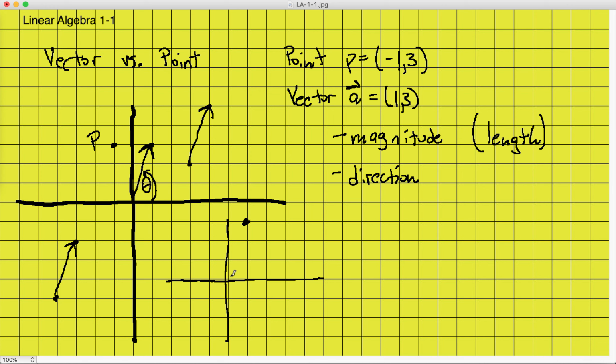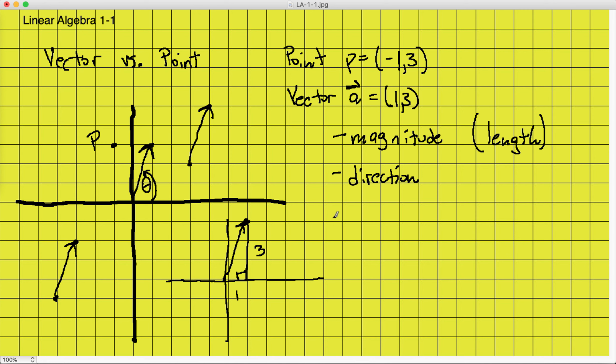So the length of this vector, well, the thing to note is if I come over here, you'll notice that I have a right triangle. We know that the distance here is 1, and we know that the distance here is 3. And this line right here, this vector, is actually the hypotenuse of this triangle.